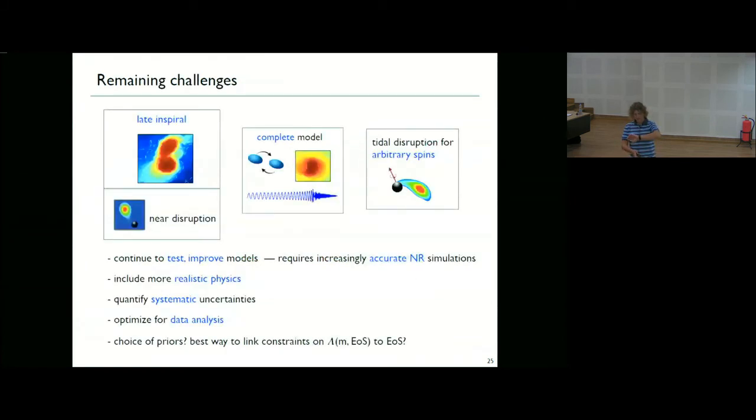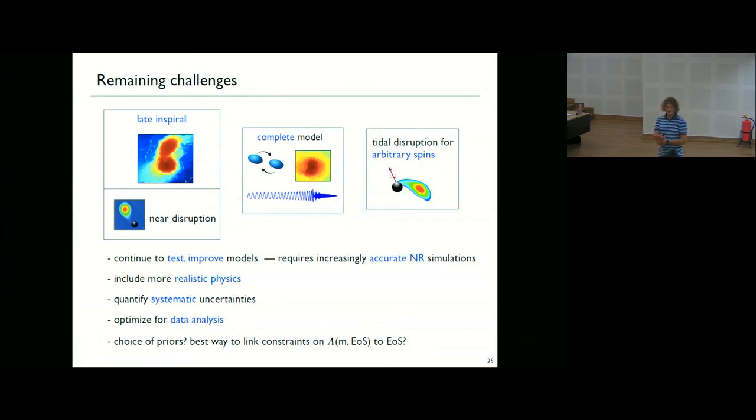Okay, so now I'm already onto remaining challenges, sort of what remains to be done, because this continues to be an active area of research to model double neutron star and neutron star black hole binaries.